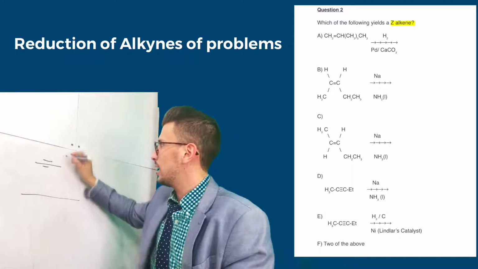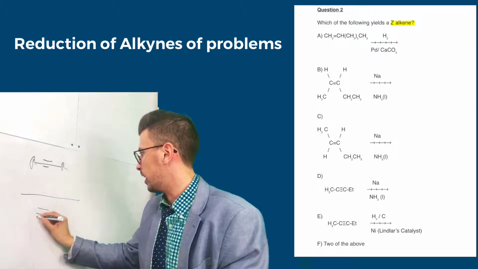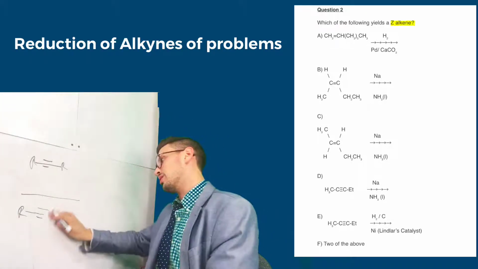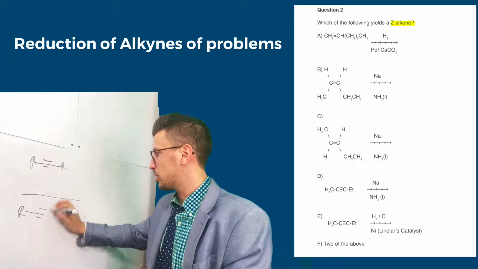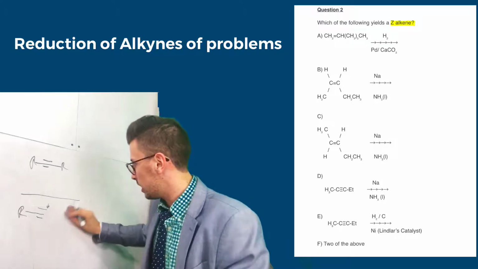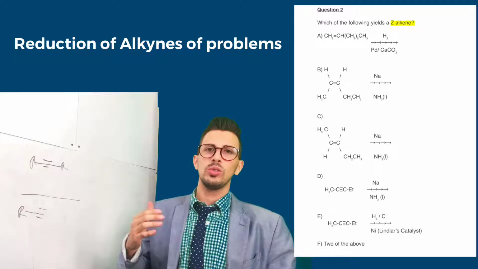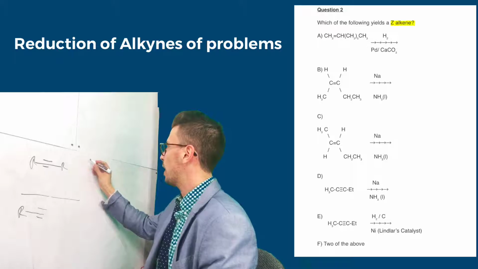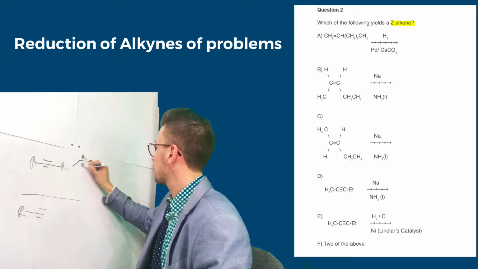If you have an internal alkyne or a terminal alkyne, which is really counterintuitive based on the fact that it should not be called terminal if in nomenclature we refer to this carbon as carbon number 1, but that's not up to me. In any case, just know that a terminal alkyne corresponds to an alkyne with an H on the end. And so if you have one of 3 scenarios, you have to be able to identify the outcome.